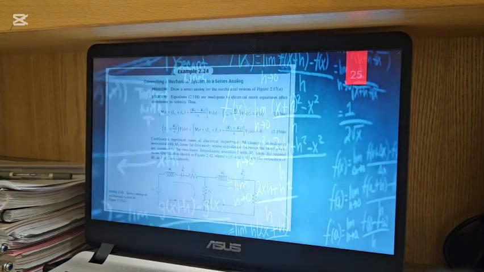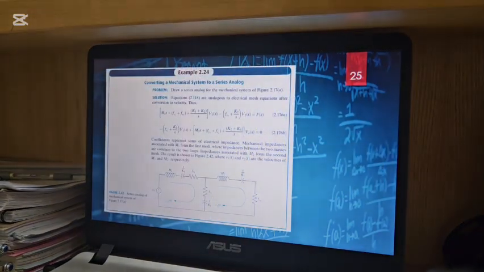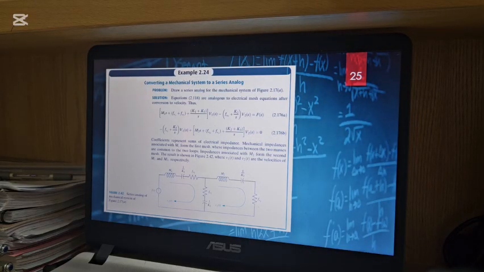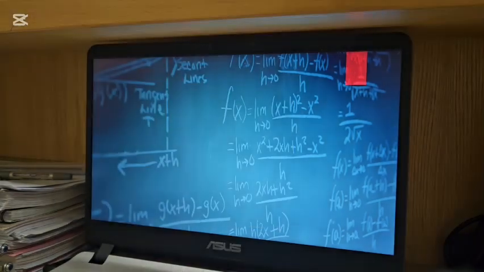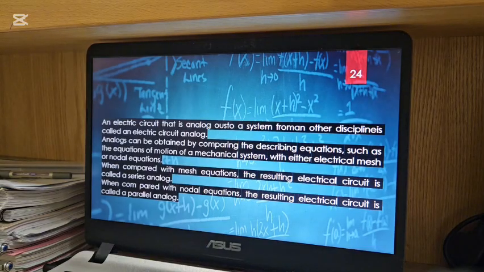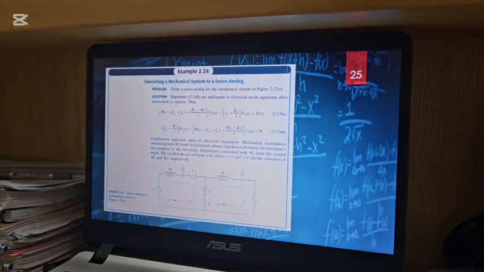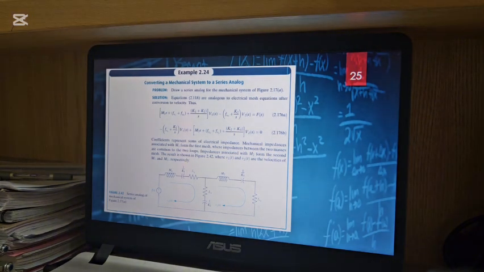So we will see an example to make the concept more clear: converting a mechanical system to a series analog. So here we have to convert it to a series analog, not parallel. The series analog is the mesh equation, so we will have to find the mesh equation, analogous to the electrical mesh equation after conversion to velocity.